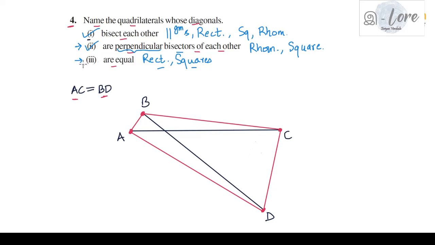So for part 3, we could have other kinds of quadrilaterals apart from rectangles and squares in which the diagonals are equal. But the answer in the NCERT textbook is only rectangles and squares. But I just wanted you to be clear that we could have other kinds of quadrilaterals as well. So this completes part 3, and with this we have completed question number 4.